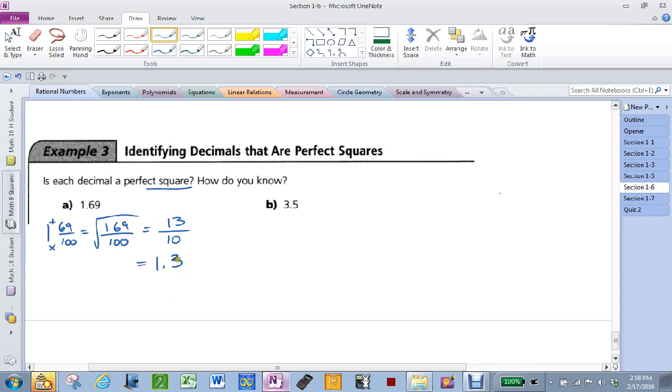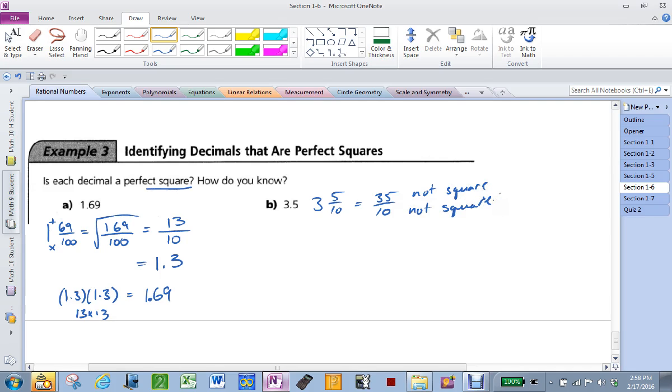Now check. Isn't 1.3 times 1.3 the same as 13 times 13, which is 169 with 2 decimal places? See how it works? Now 3.5 is 3 and 5 tenths, which is 35 tenths. That's not square, and that's not square.